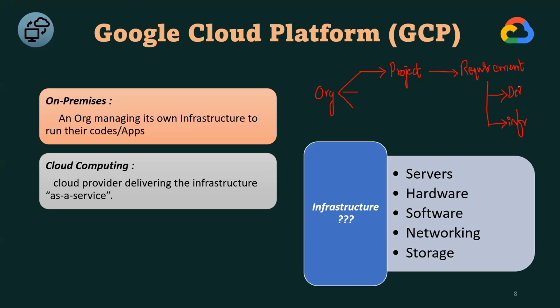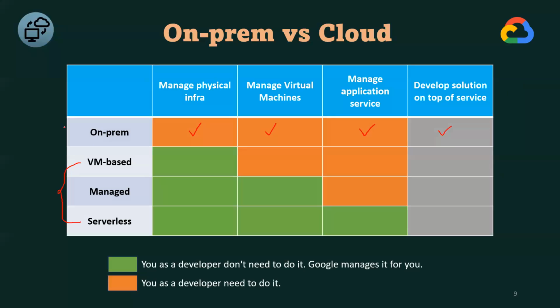Manpower is nothing but we. We are all manpower: developers, managers, programmers, and many others. And infrastructure is servers, hardware, networking, storage, all of those things. When you're working in the on-premises working model, you have to take care of your own things, and then you focus on the requirement.